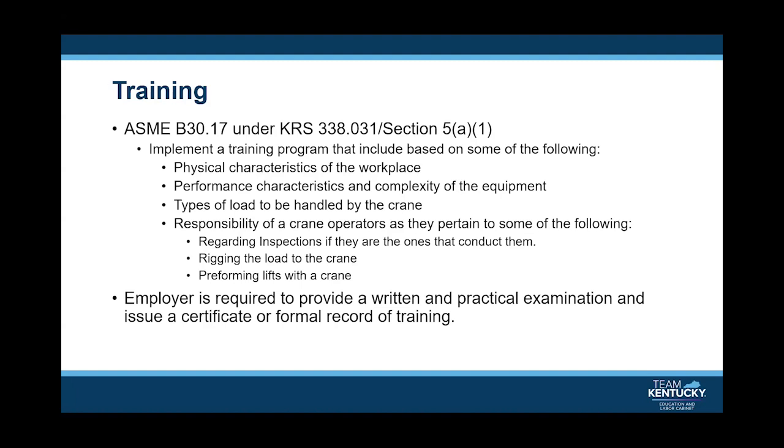The employer is required to implement a training program that includes some of the following: physical characteristics of the workplace, performance characteristics and complexity of the equipment, types of load to be handled by the crane, and responsibility of crane operators as they pertain to some of the following: inspections if they are the ones that conduct them, rigging of the load to the crane, and performing lifts with the crane. A written and practical examination is required, and there needs to be some formal record of training.